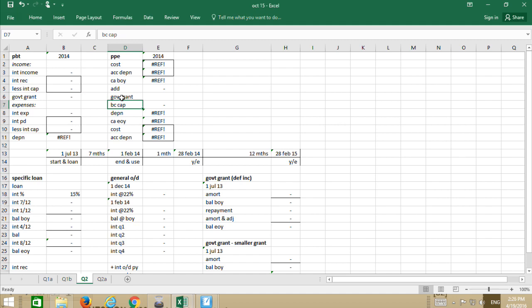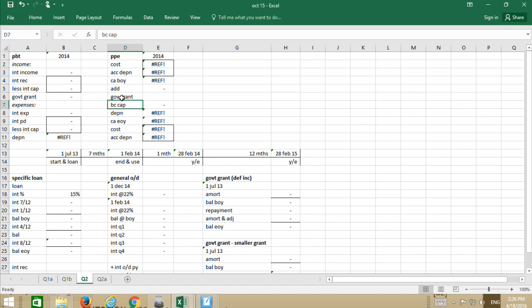And then here's my government grant, which I've said here as deferred income, but it won't be. I've got a repayment here in my template, but I don't know if there is a repayment. Oh no, they're just saying that they met the conditions, so it looks like there's no repayment, so I won't have to worry about that.